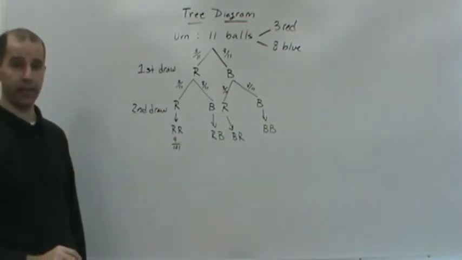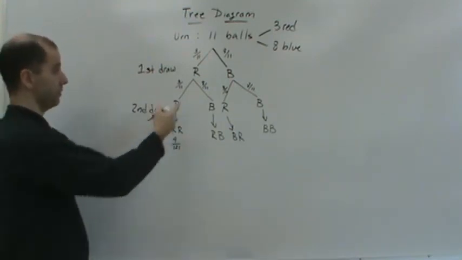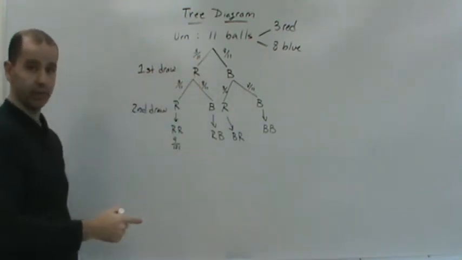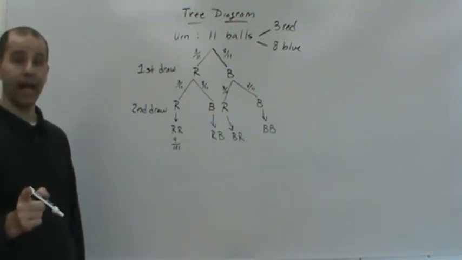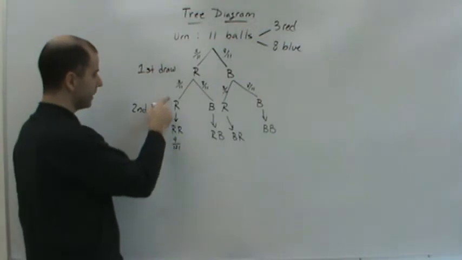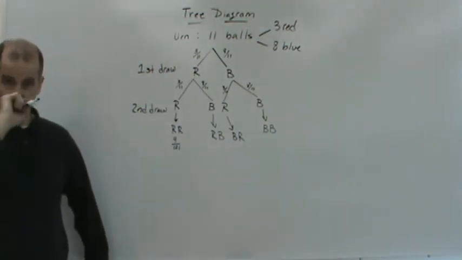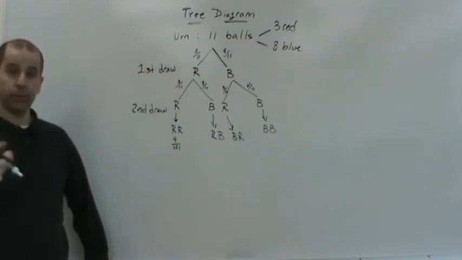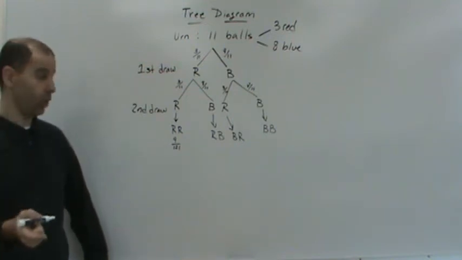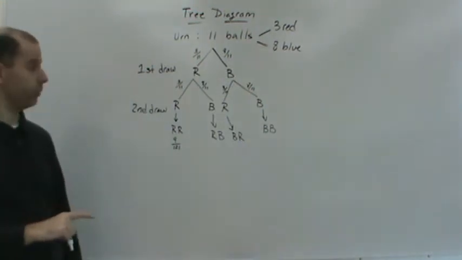That's the probability of getting a red on the first draw and a red on the second draw. See how this is the multiplication rule in action, right? Why? Because they're independent events. Why is it that I can just multiply these two together? Because they're independent, right? This is where the simplified rule comes in. So all I'm doing is multiplying down the branches. That's the multiplication rule, okay?